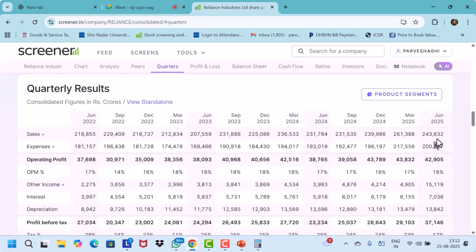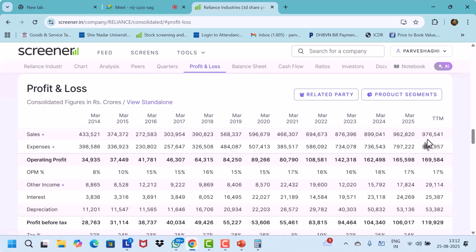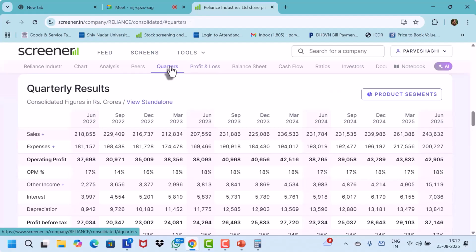Just add up. So 9,76,541. And what is the TTM number here? Is it matching with your answer? Yes, sir, it's matching. Which means the last 4 quarters. This is called the trailing 12 months number. That means in the last 12 months, how the company is performing.